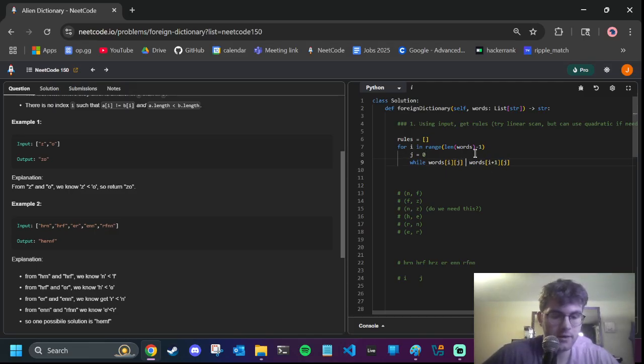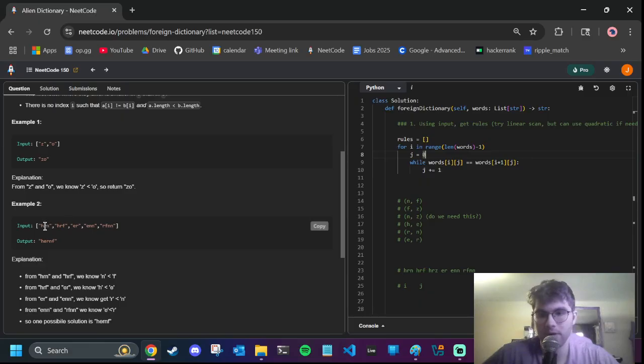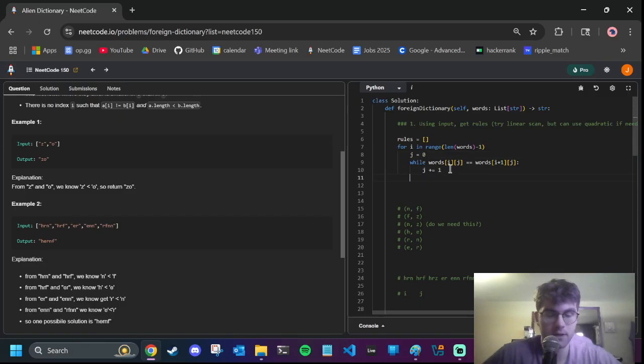Okay, so while they're equal, we want to increment j. And then whenever they're not equal, that's where we get our rule. So if they don't equal, then we will append to our rules a tuple, which will be the smaller word. So how do I know the smaller one?